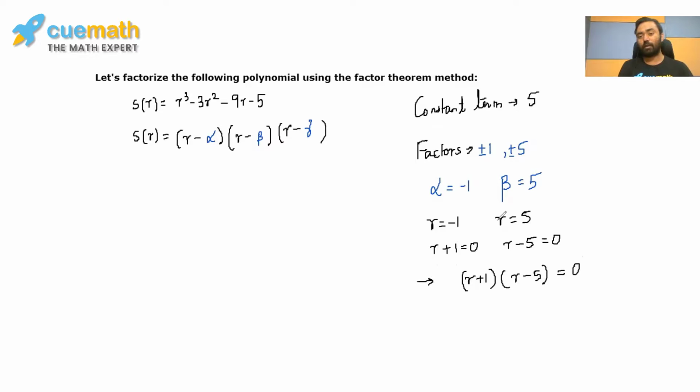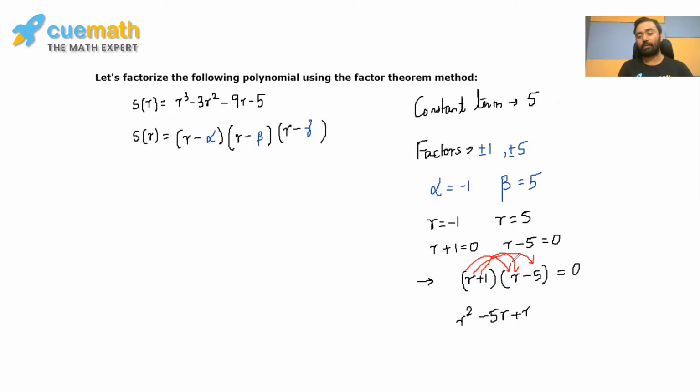Now to multiply these two, what we'll do is we'll times r, and we are going to get r square as the first term. Then we'll times r with negative 5 to give us negative 5 times r. Then we are going to times plus 1 and r, and we are going to get plus r.